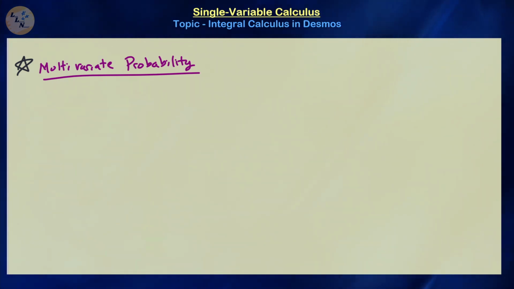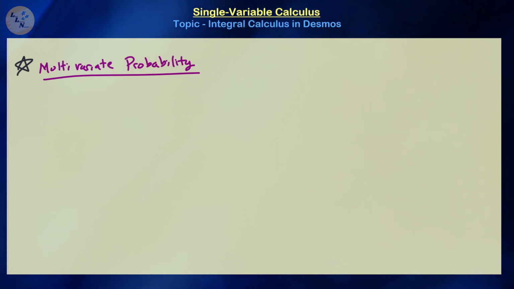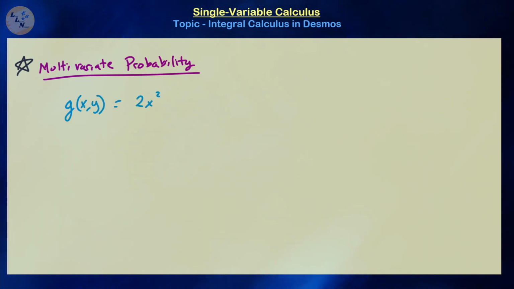Although we're in the middle of a single variable calculus discussion, it might be useful to at least expose yourself to the idea of multivariable or multivariate probability. So let's assume that we have a multivariable, in particular two-variable function. Let's call this function g(x,y) is equal to 2x squared plus 4y squared.